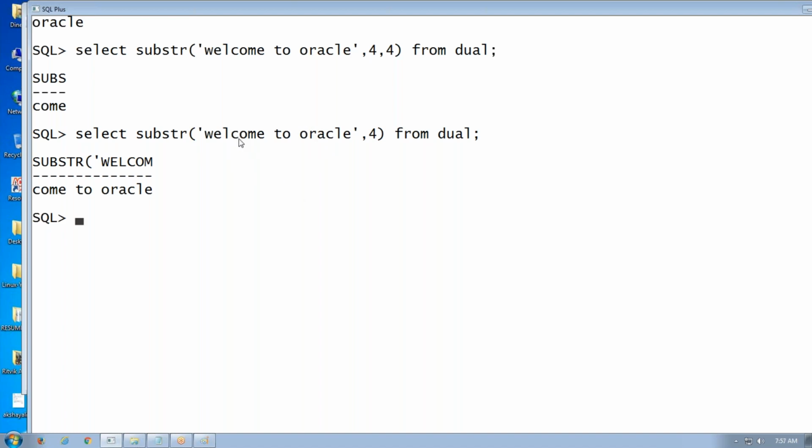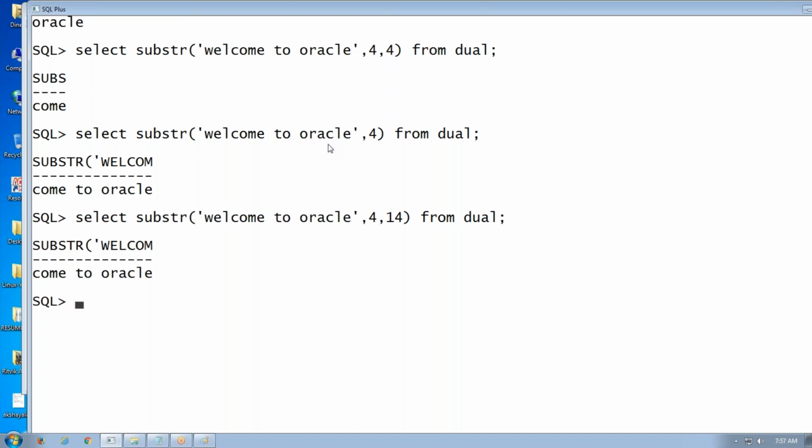Suppose I want to print from C to A. C means the fourth character. 5, 6, 7, 8, 9, 10, 11, 12, 13, 14. 4 comma 14. Let me check. Yeah, from 4 it is taking 14 characters.